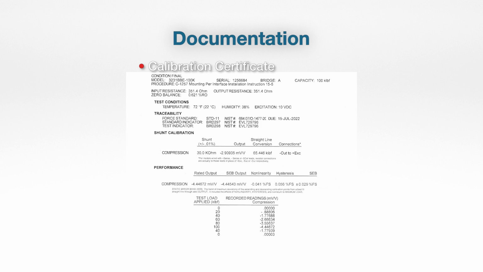And again, the data sheet values you saw earlier were worst case values when it comes to performance. Typically, you're going to find an Interface load cell performing at 2 times that spec. But important to note here again, SEB, you may see that and hear that. We've got more information online, but to take away, it's essentially the best fit straight line, taking the nonlinearity and hysteresis into account for that unit.